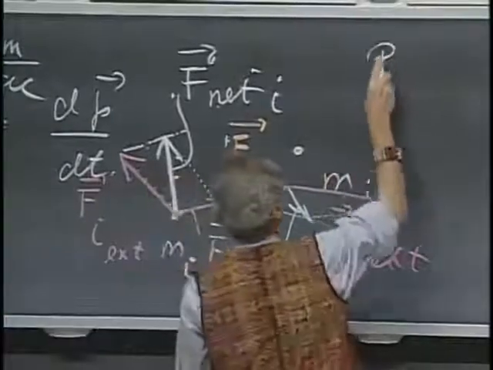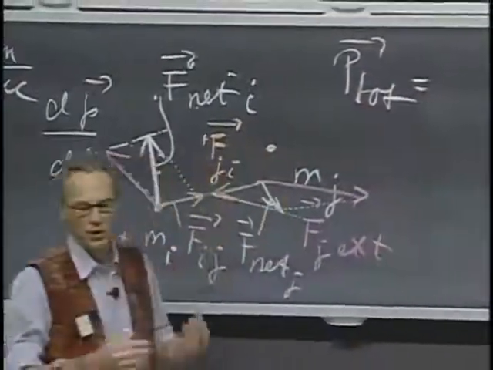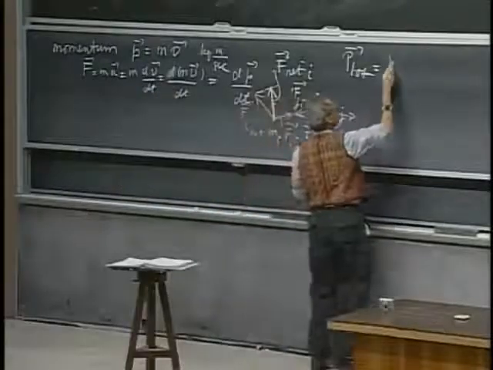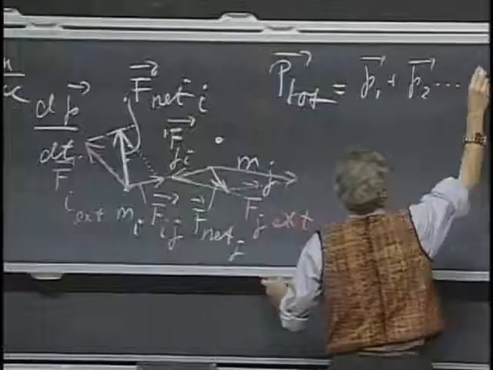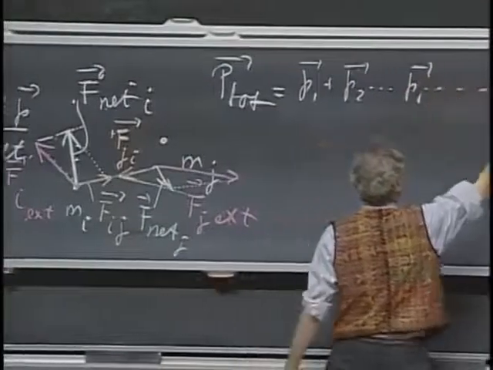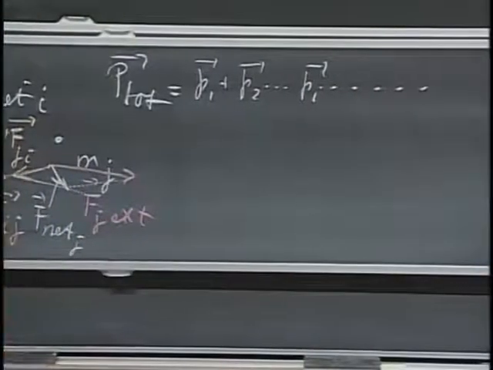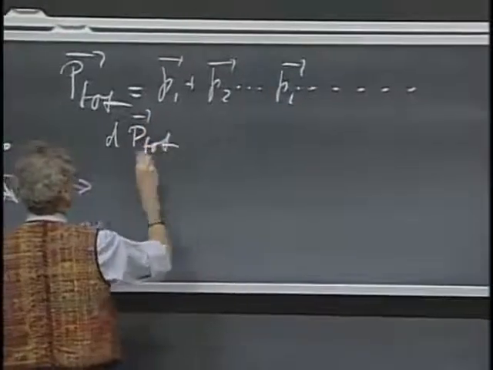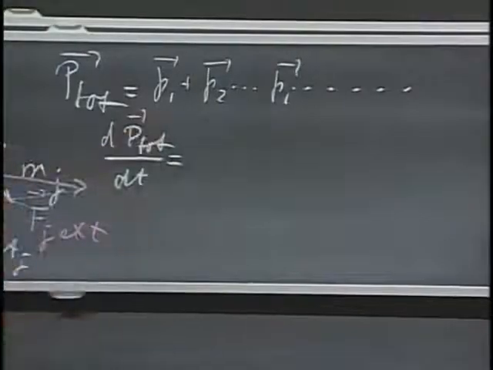What is the total momentum of these zillions of particles? Well, that's the sum of the individual momenta. So that is P1 plus P2, through Pi, and you have to add them all up. I take the derivative of this, dP total/dt. That is dP1/dt. Well, that's the force on number 1.